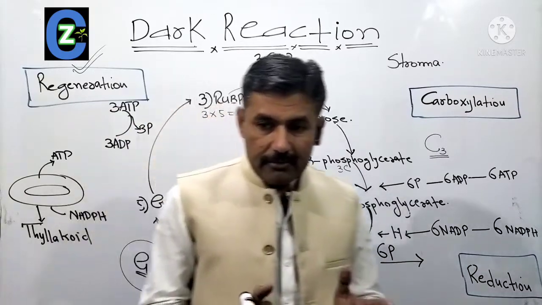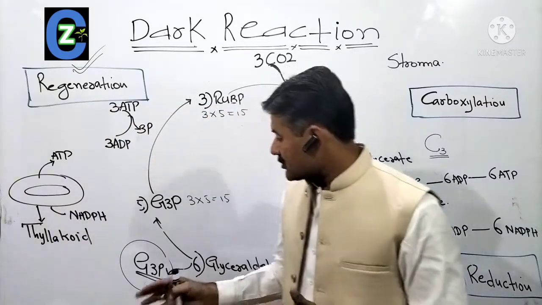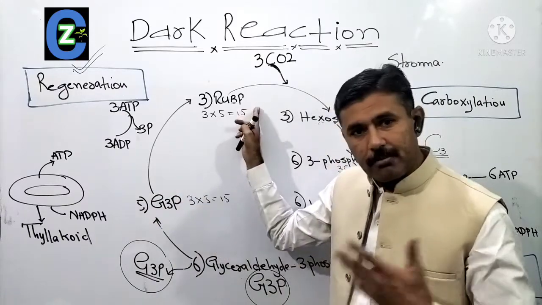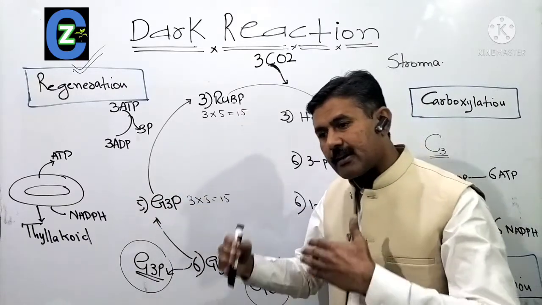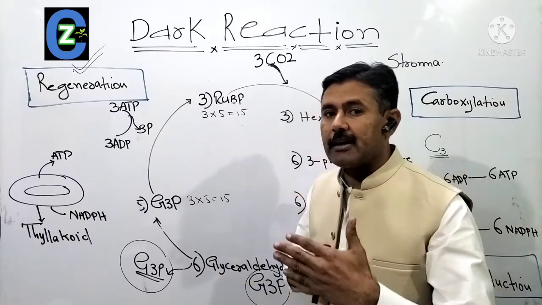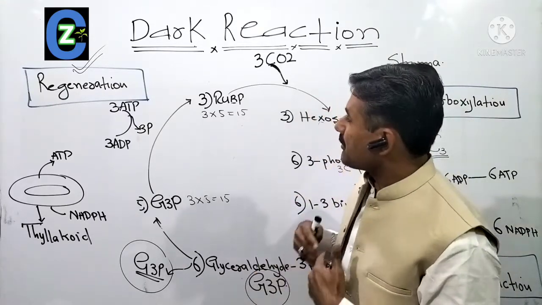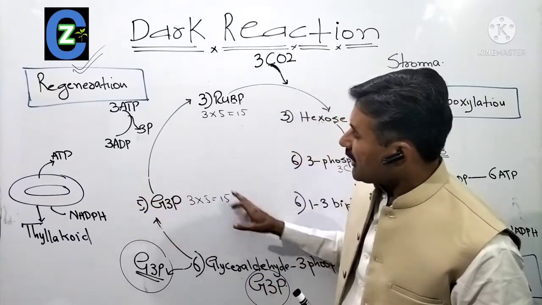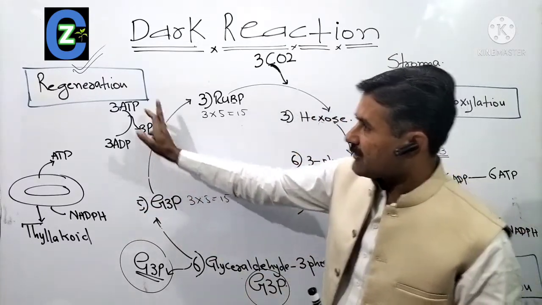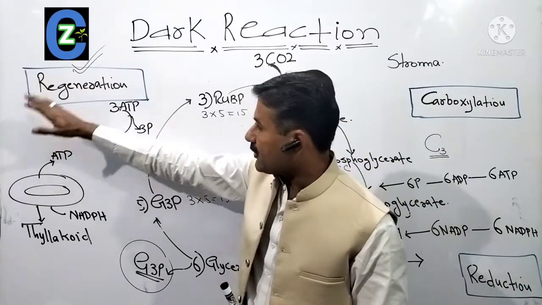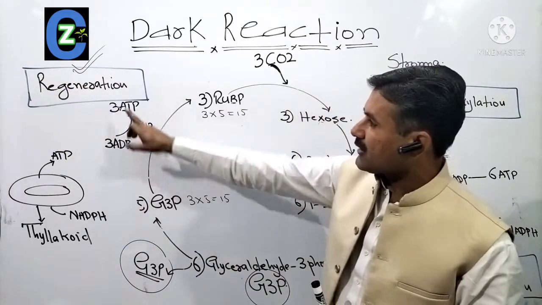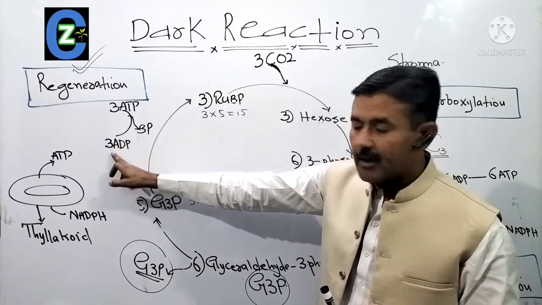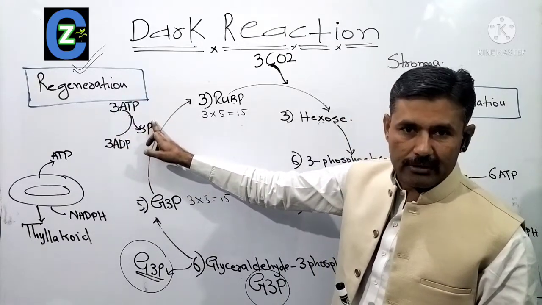During regeneration, we are actually rearranging the triose form to a pentose form, as if we are converting glycerolaldehyde 3-phosphate to ribulose 1,5-biphosphate. And we say this is taking place at a phase that is called the regeneration phase. During this regeneration phase, we are going to consume 3 molecules of ATP into 3 molecules of ADP, and we are adding 3 phosphates.